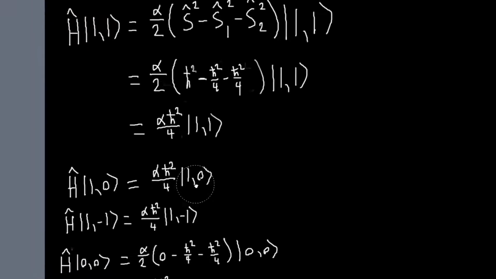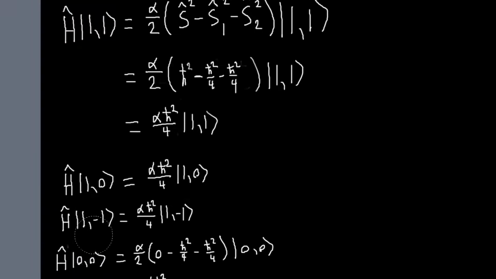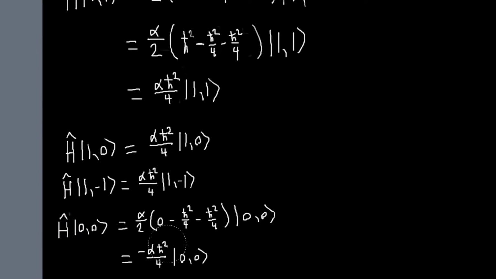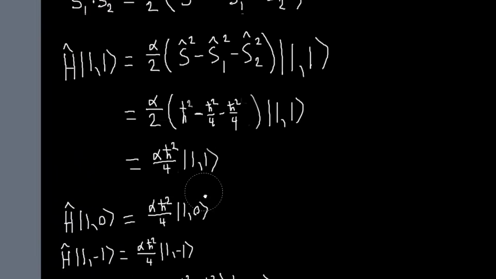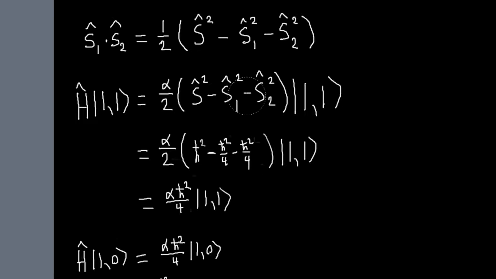But the problem is, when we try to do this with the last state, the 0,0 state, when you work it out, you get the wrong eigenvalue. Last time we found that the eigenvalue was minus 3 alpha h bar squared over 4. But when we do things this way, we get just minus alpha h bar squared over 4. As it turns out, the reason for that is that these eigenvalues are not correct. S squared acting on this state does not give me h bar squared.